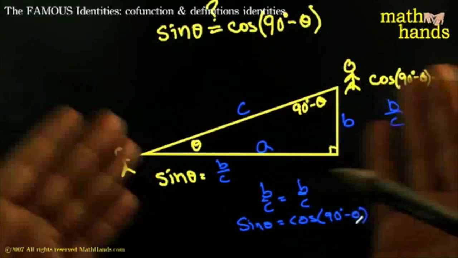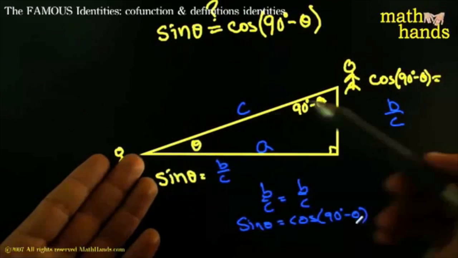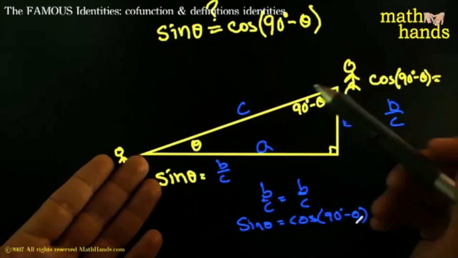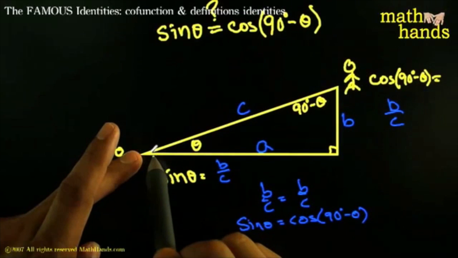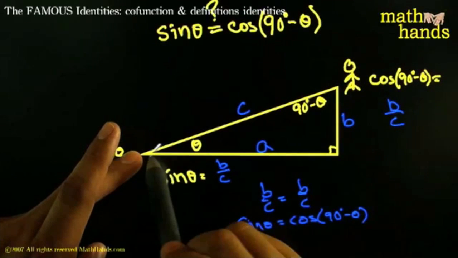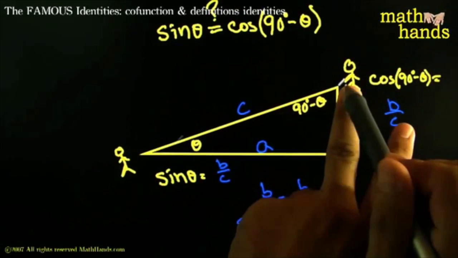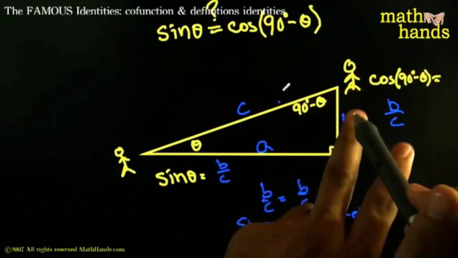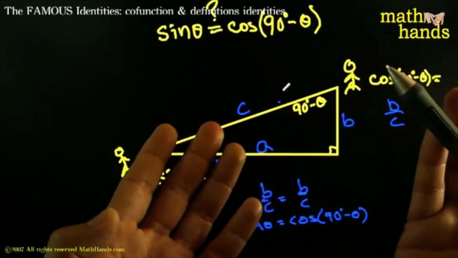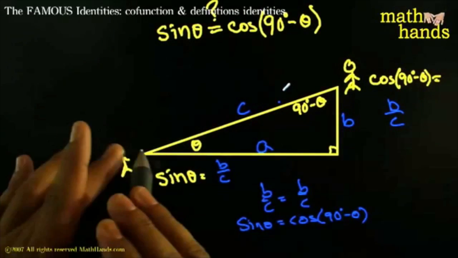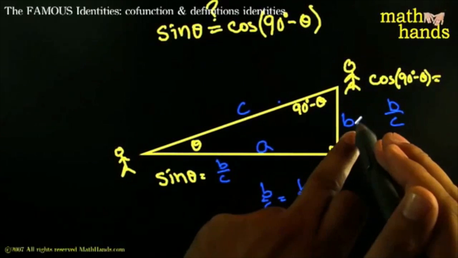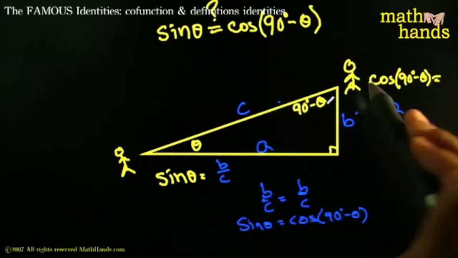Really, an intuitive way to think about it is that what you're doing is just standing at different corners of the triangle. From this side, the opposite ratio, opposite to hypotenuse, is the same as standing on this side and reading the adjacent to hypotenuse ratio. Right? Just depends on which corner you stand. From here it's the opposite to hypotenuse. From here would be the adjacent over hypotenuse.